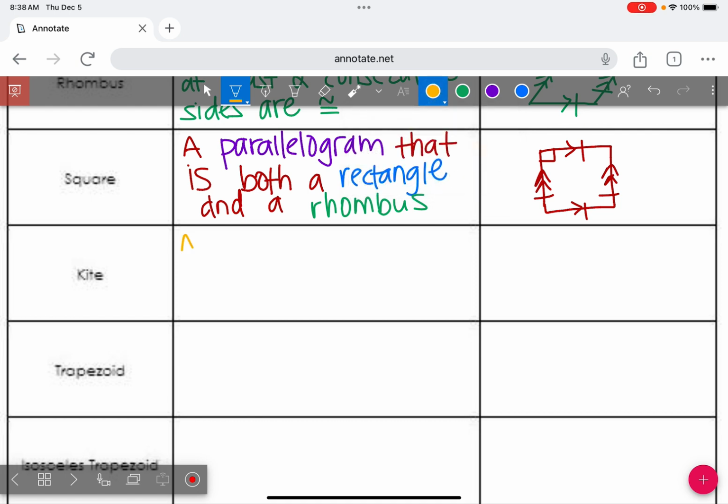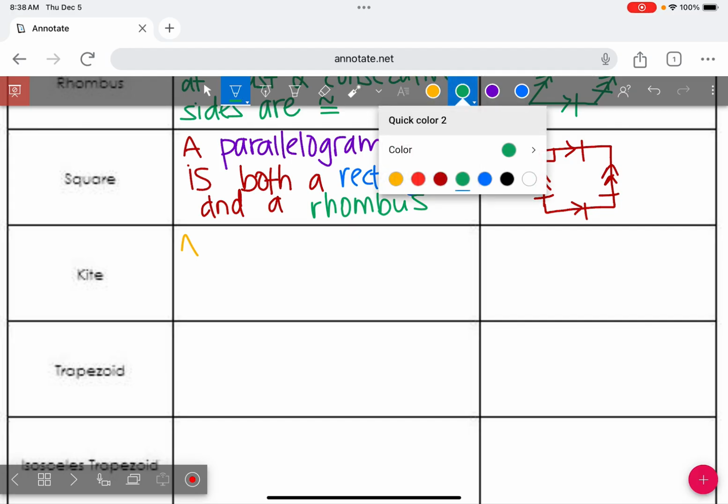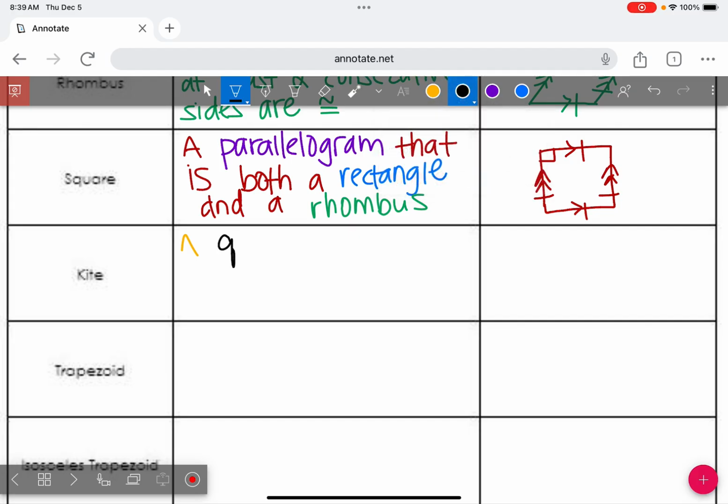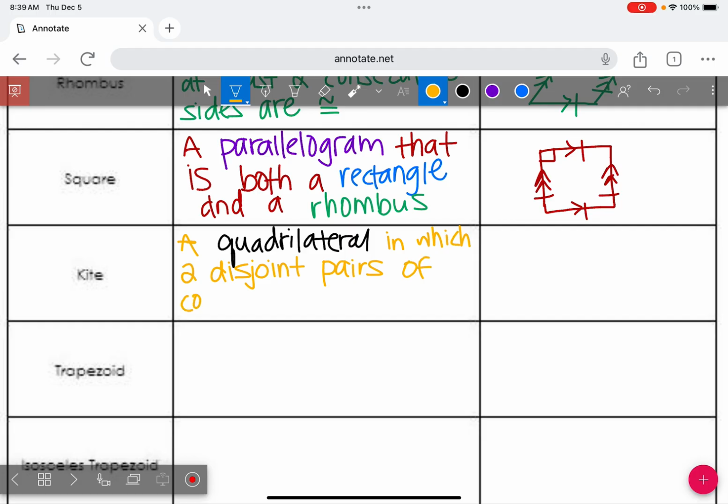So a kite is a quadrilateral in which 2 disjoint pairs, which I'll explain in a minute, of consecutive sides are congruent.